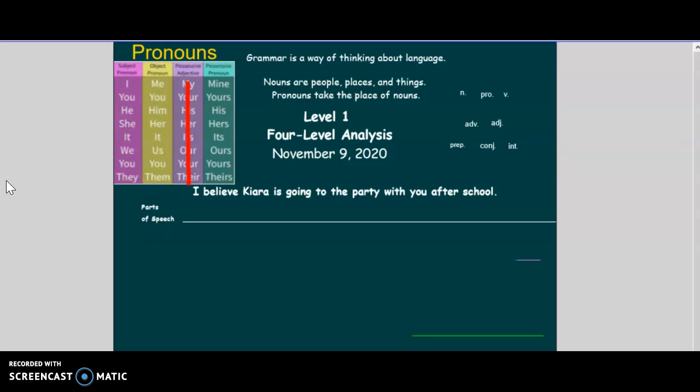Is Kiara a noun, a pronoun, or something else? Remember, those nouns are people, places, things, and pronouns stand in for nouns.